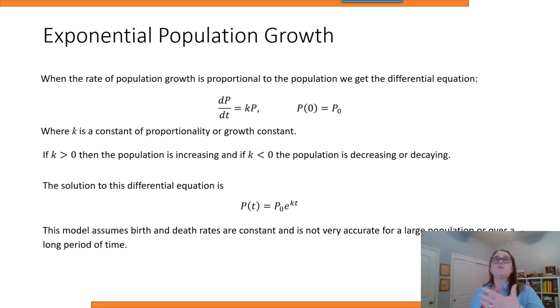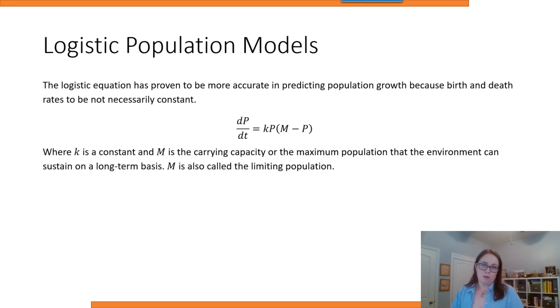If we want to take some more factors into account, then we can use a logistic population model. This is an example of a logistic equation. You might see some variations on this, even in our homework. But this one says the change in population is equal to that same growth constant k times P times the quantity M minus P. Here, M is going to be the carrying capacity for the population.